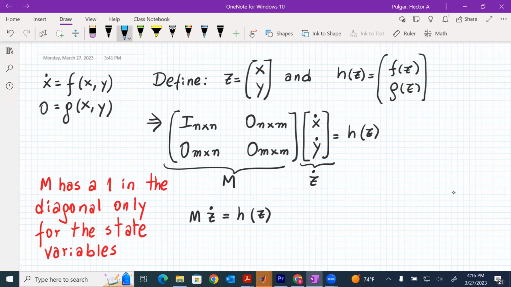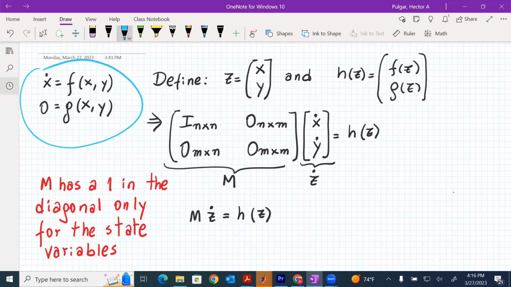Our system is modeled by a set of differential algebraic equations. So we have two vectors of nonlinear function, f and g. But to use an ODE solver in MATLAB, we have to specify just one vector of nonlinear functions. We're going to call that vector h, and we're going to include f for the differential equation and g for the algebraic equation.